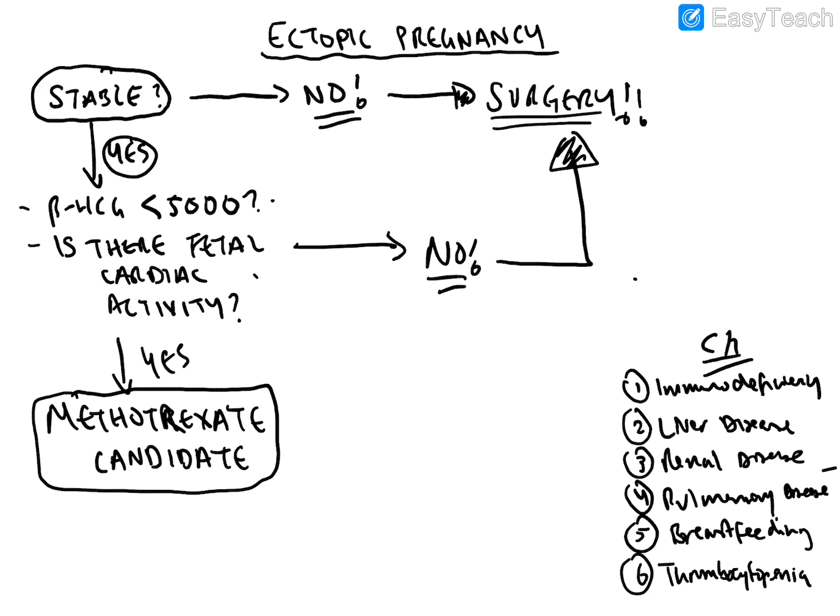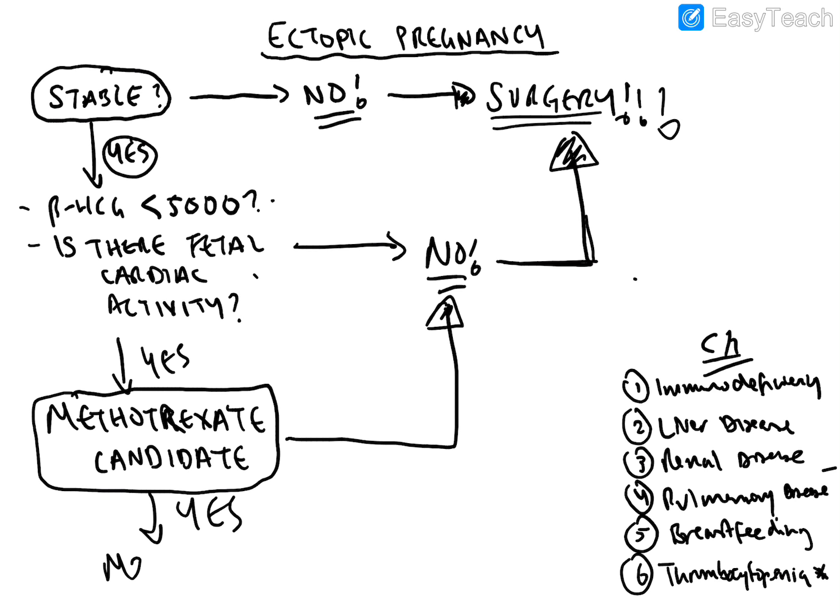If it's less than 150,000, this is a potential contraindication to using methotrexate. If the patient is not a candidate for methotrexate, you send the patient to surgery. If the patient is, you start them on methotrexate.